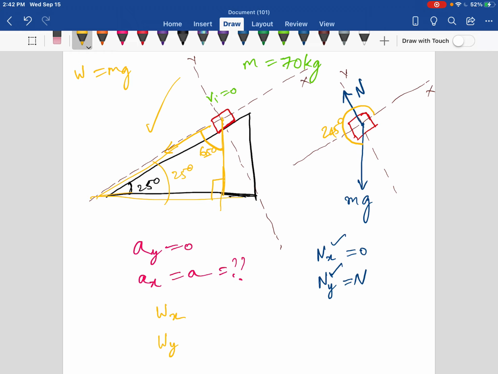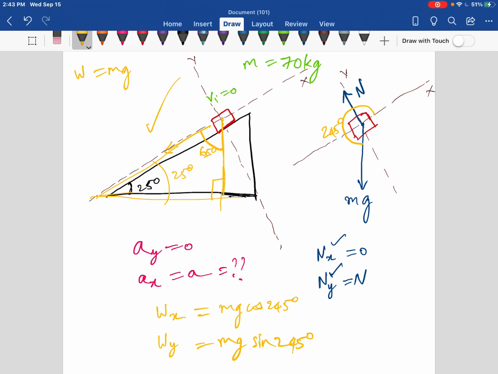Weight stands for mg, and you can find the x component of weight and y component of weight by doing mg times cosine 245 degrees, mg times sine 245 degrees. m is given to be 70, g and then 245. Let me just quickly do that in the calculator and see what I get.